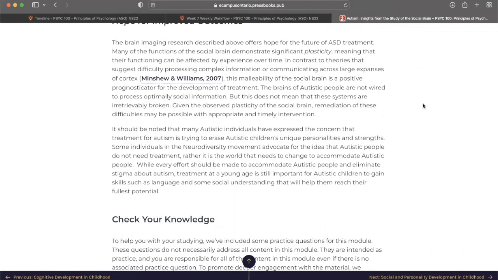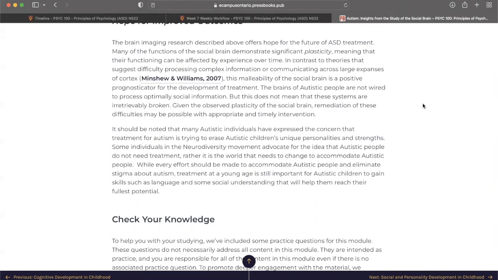It should be noted that many autistic individuals have expressed the concern that treatment for autism is trying to erase autistic children's unique personalities and strengths. Some individuals in the neurodiversity movement advocate for the idea that autistic people do not need treatment.